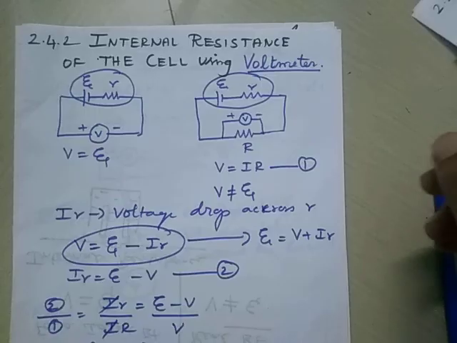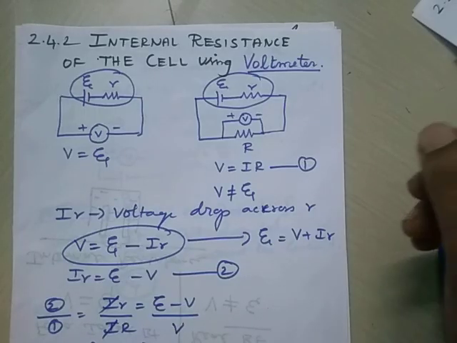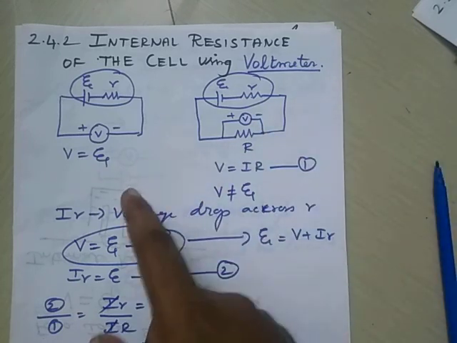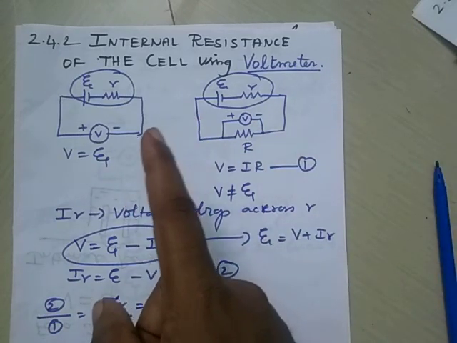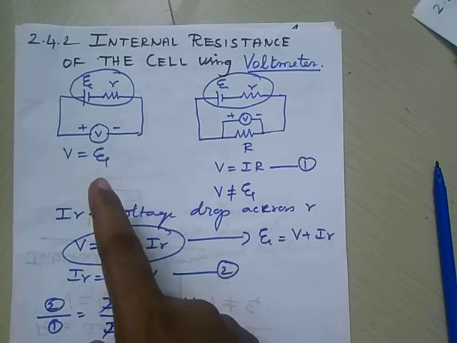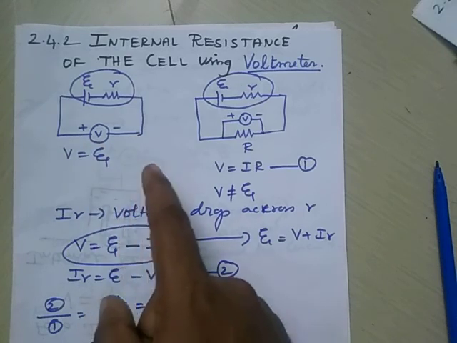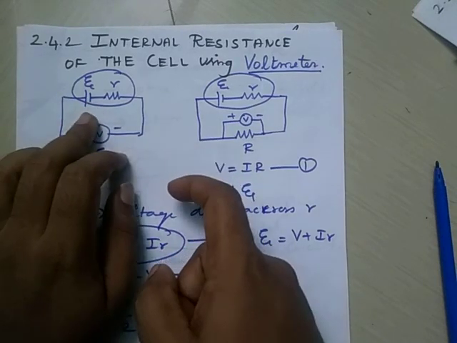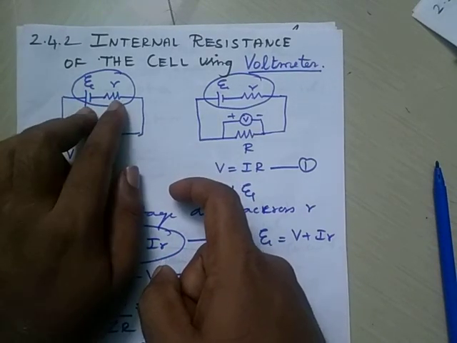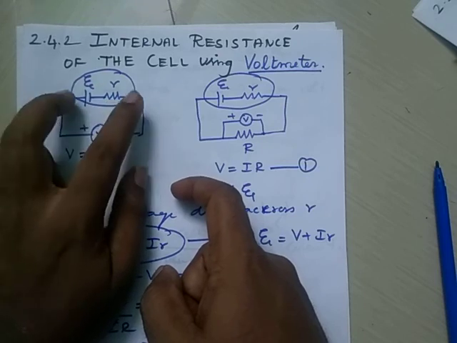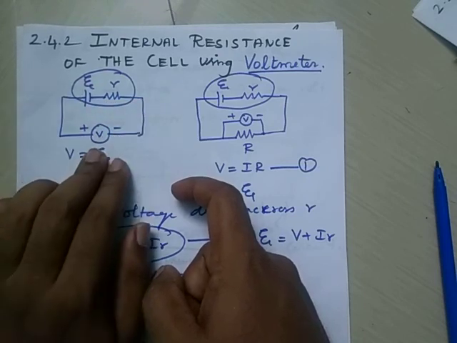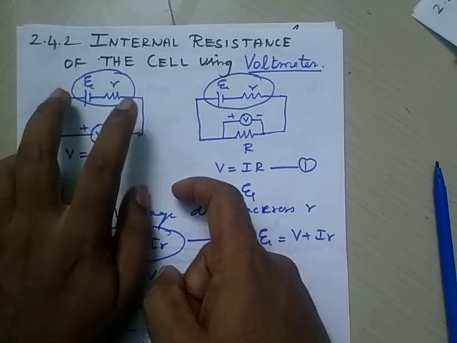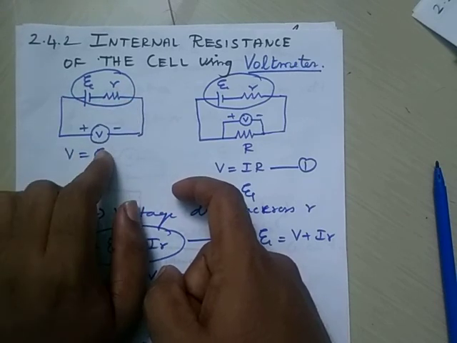Then determination of internal resistance of the cell using a voltmeter. Internal resistance is the resistance offered by the electrode and electrolyte to the flow of charge inside the battery. Suppose I consider a cell of EMF psi, and small r represents the internal resistance. If this setup is connected with a high resistance voltmeter, then the voltmeter reads the potential difference across the cell, which is equal to the EMF of the cell.